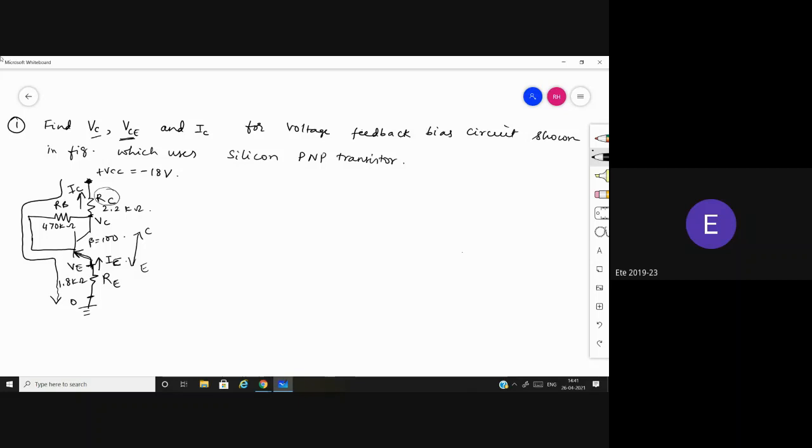So the equation will be VCC minus RC into (IC plus IB) minus IBRB minus VBE minus IERE. So apply that equation to this and try to find out IB.